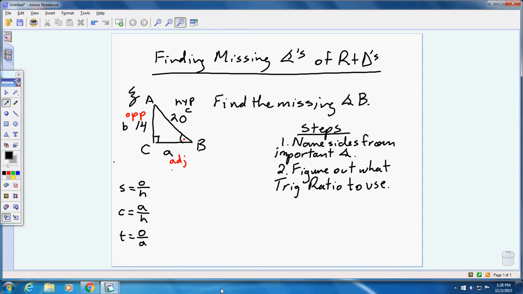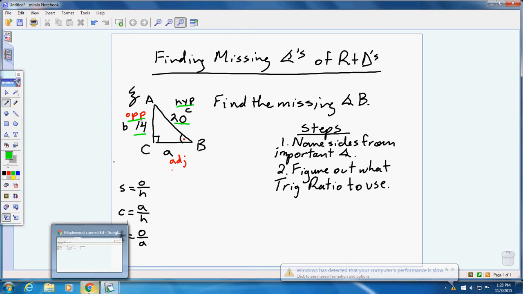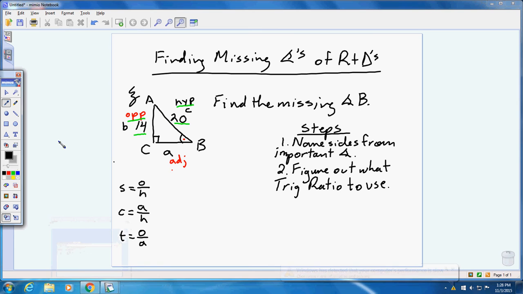So looking at our triangle, we got opposite. Definitely, we have the opposite. That's the one we have, which is 14. And we have the hypotenuse, which is 20. I don't have adjacent, so I can't use that trig ratio. So the trig ratio that uses opposite and hypotenuse is sine.